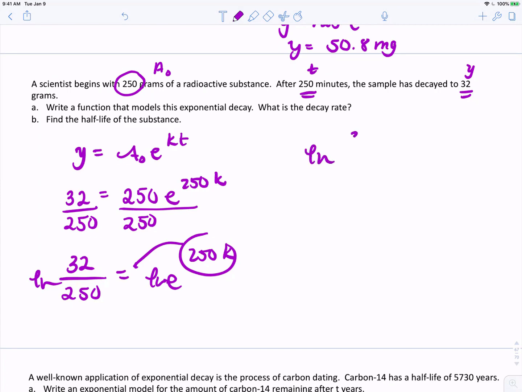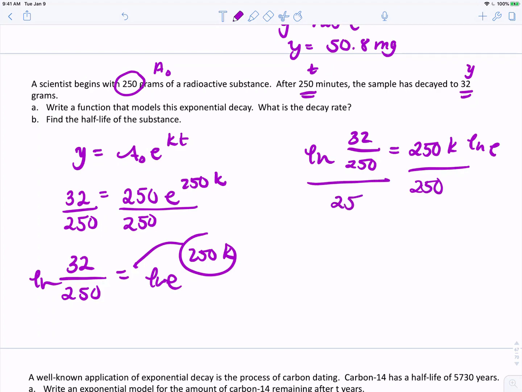So the natural log of 32 divided by 250 is equal to 250k times the natural log of e. We'll divide both sides by 250, and that'll give us a value for k. So the natural log of 32 divided by 250 gives us a value of k of negative 0.0082. And again, we were expecting a negative value because this is decay.